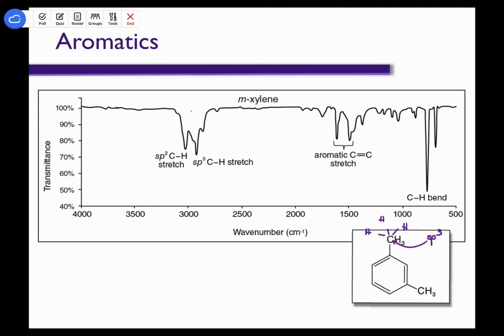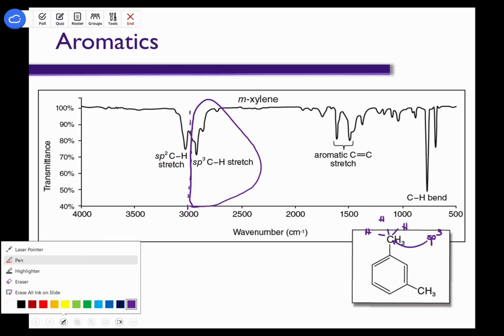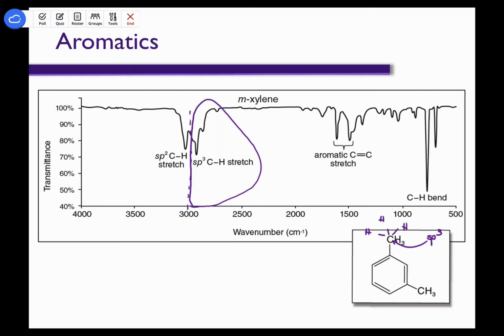And this is one that you're getting very used to, hopefully. Just less than 3,000 wave numbers, we have our sp3 carbon hydrogen stretches. But more unique, that makes this one stand out, is we also have sp2 hybridized carbon hydrogen stretches.